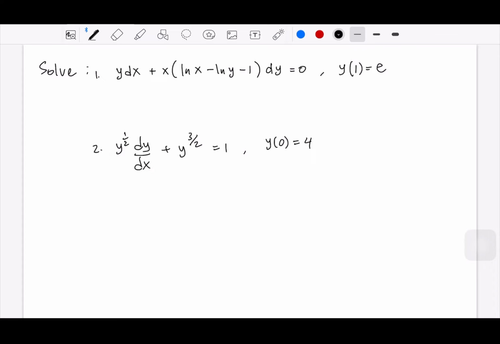So maybe it's not the best option. You need to try to cancel out and slowly find the solution. Yeah, maybe later change. Yeah, it's quite long.